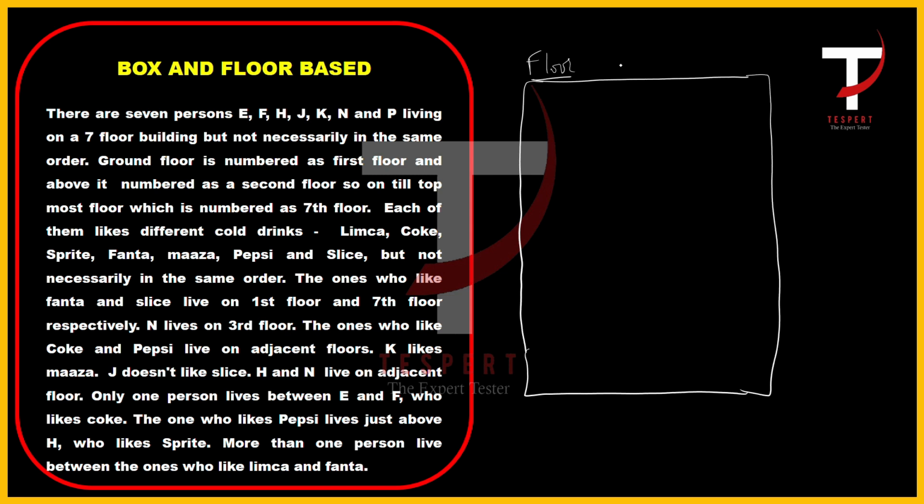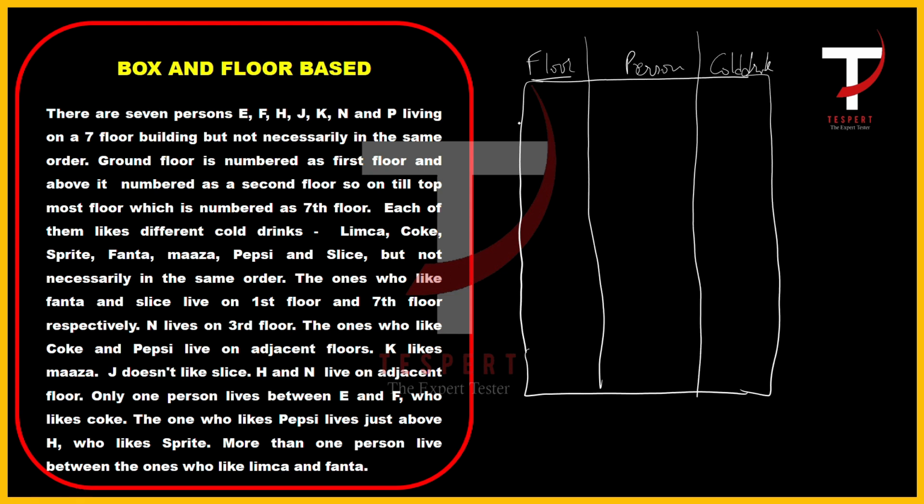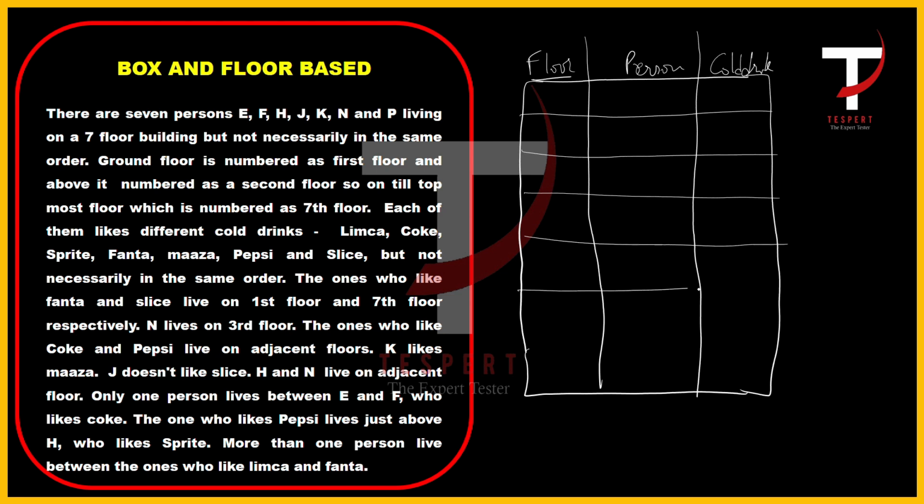This is floor, person and cold drink. 7th floor, 6th floor, 5th, 4th, 3rd floor, 2nd floor and 1st floor, right? 1, 2, 3, 4, 5, 6 and 7. Yeah. So what is given here?